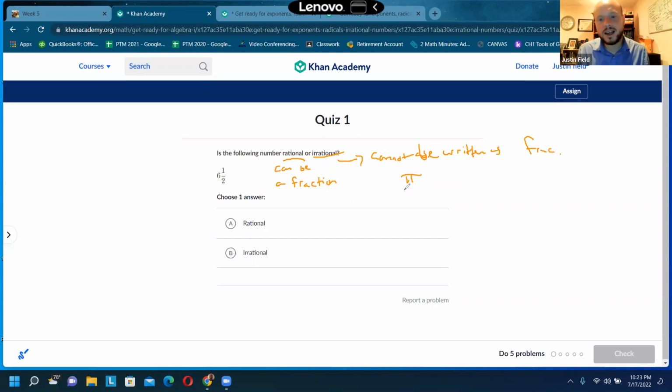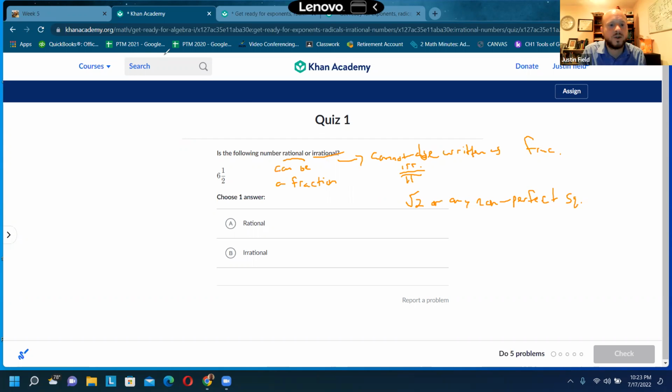So pi, the square root of 2, or any non-perfect square. These are examples of irrational numbers. Rational numbers are everything else.